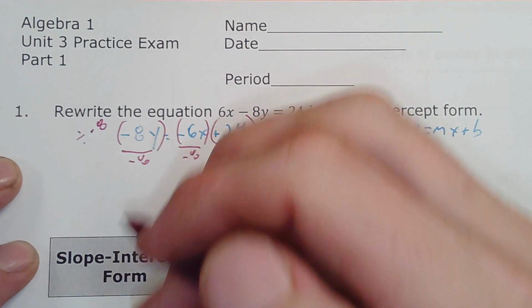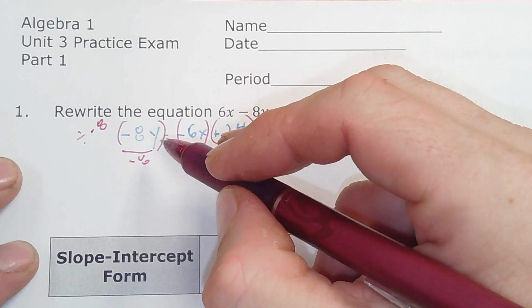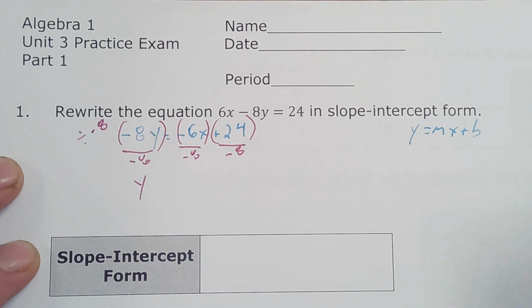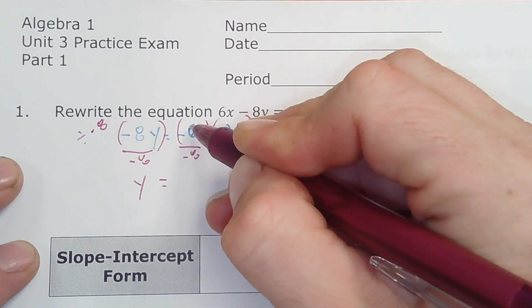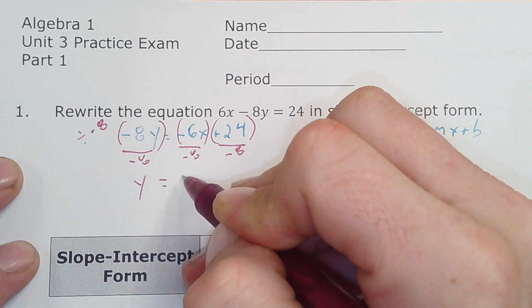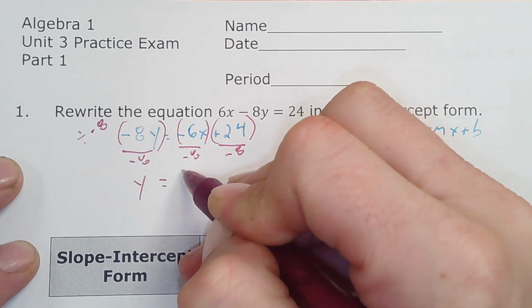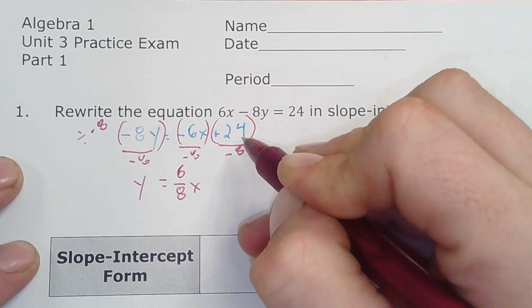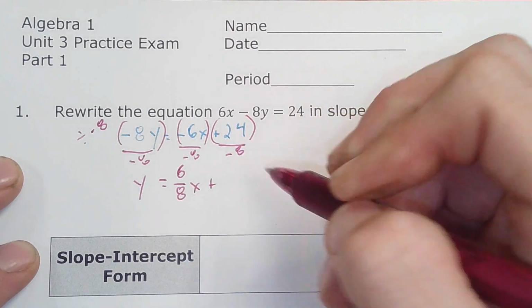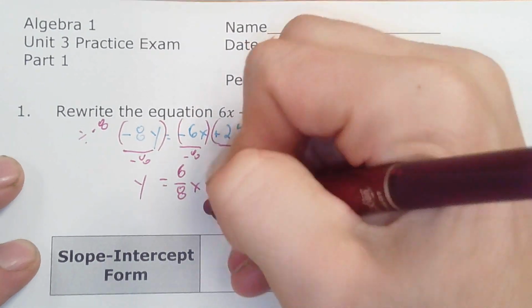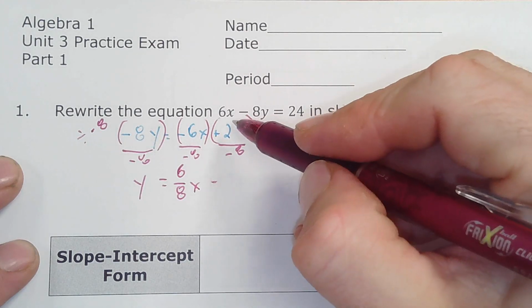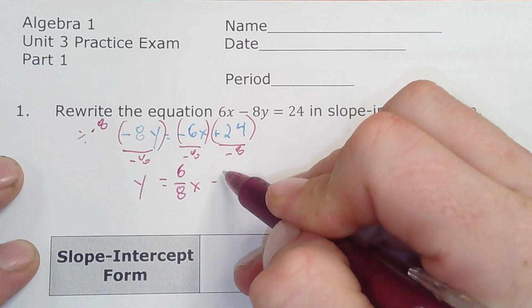Negative 8y divided by negative 8 is just y. That's why we chose negative 8. Now negative divided by negative is a positive, leaving us with 6/8 x, and then minus, because a positive divided by a negative is a negative. And 24 divided by 8 is 3.